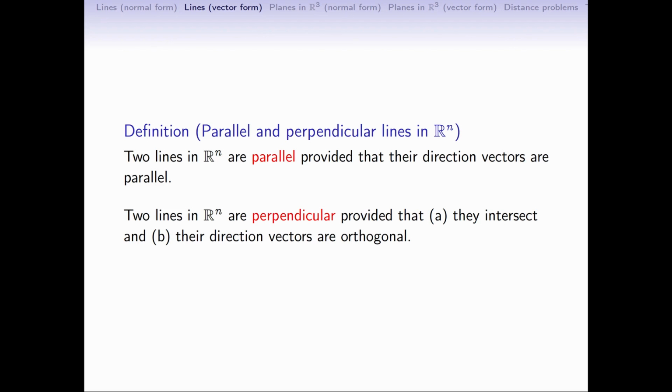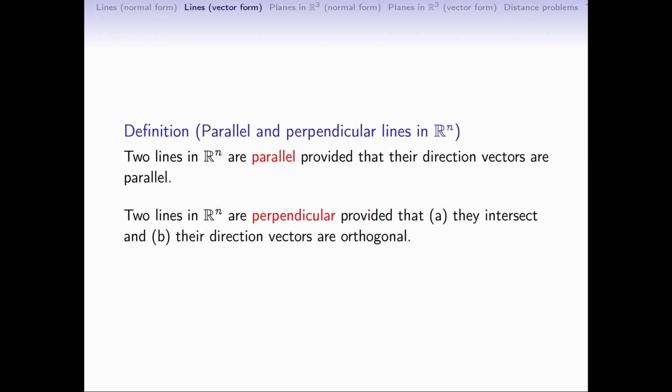The direction vectors might be orthogonal, but the two lines might not intersect with each other, and so we would not want to call those lines perpendicular. So perpendicular lines must intersect, so they have to share a common point, and their direction vectors must be orthogonal. So that's one thing that we have to be careful of when we move the idea of lines into higher dimensional space.